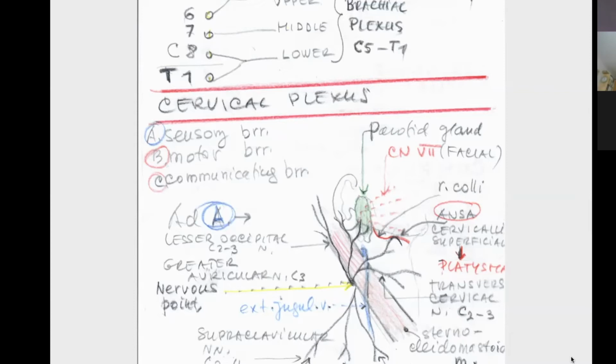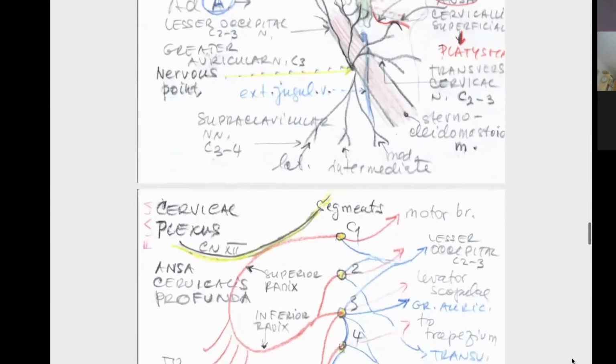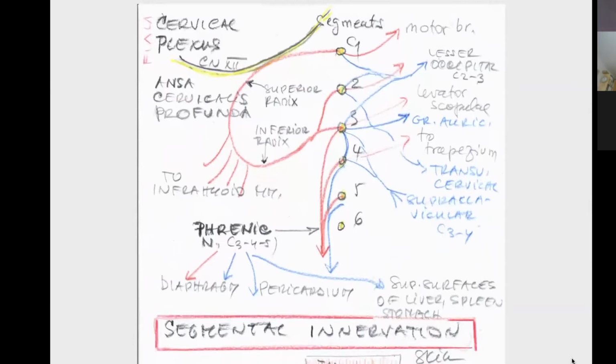We are looking now at the next page. Now this diagram shows the full view, and the branches, not only the blue one, the sensory, as in the previous case, but we used black for that one, then the red, the motor, and also the interconnecting, the ansa.